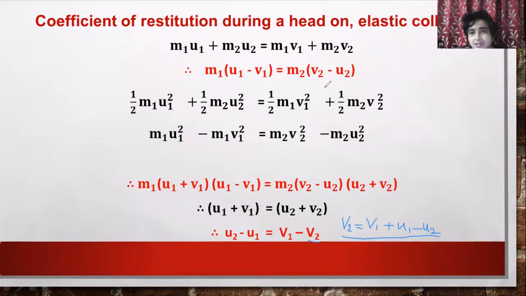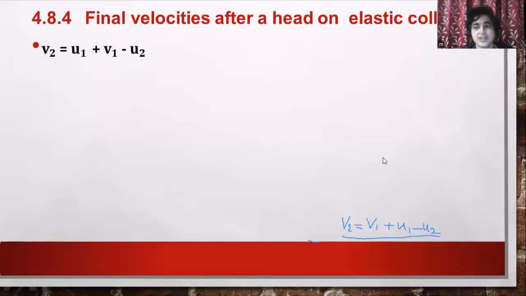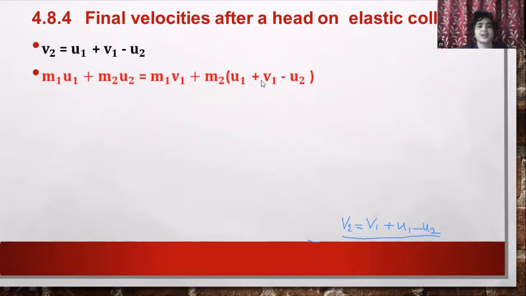So see, now this I shall use here. V2 is equal to V1 plus U1 minus U2. This is the law of conservation of linear momentum: M1 U1 plus M2 U2 is equal to M1 V1 plus M2 V2.